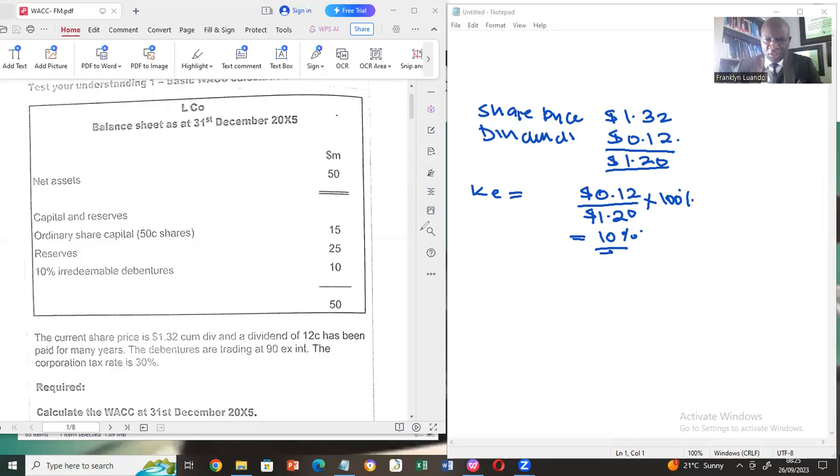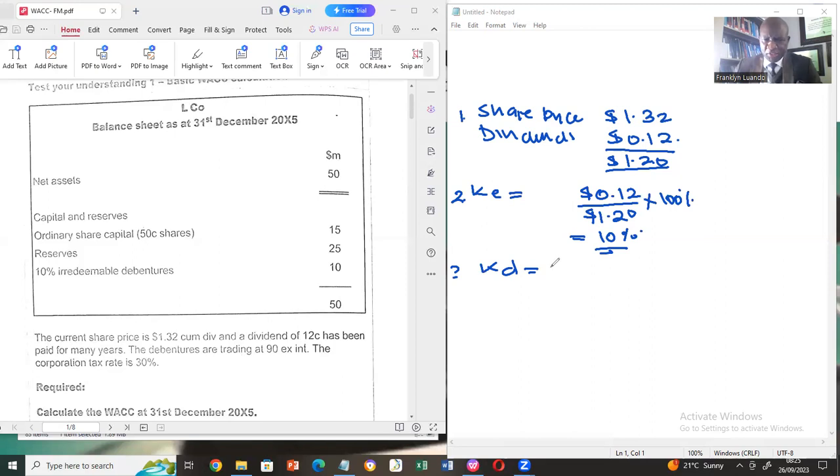So the cost of equity is 10%. Now we go to, this is 1. Now we go to 3. The cost of debt will be interest. How much will be the interest there? Interest is always at par.